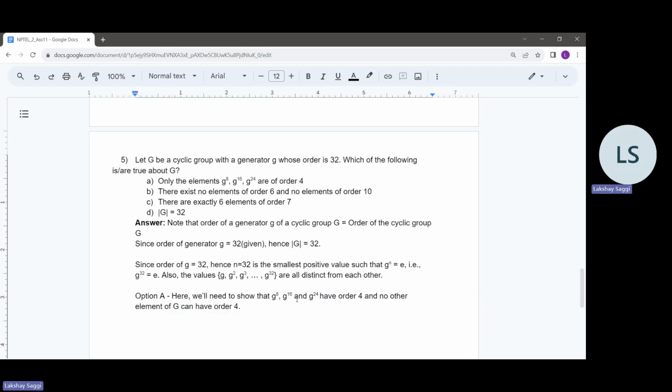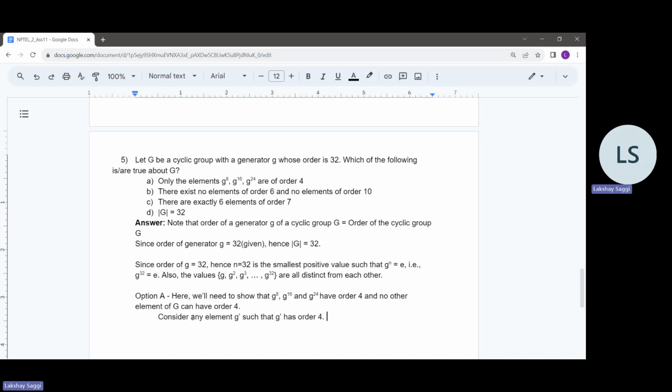We'll need to show that these have order 4 and no other element can have order 4. So instead of this, what I'll show is: consider any element G prime such that G prime has order 4. Now, what will this mean?